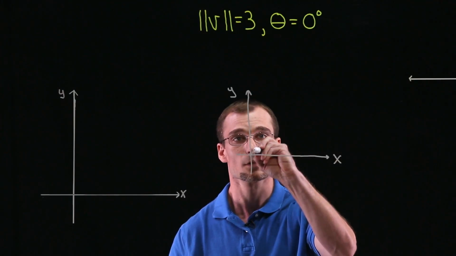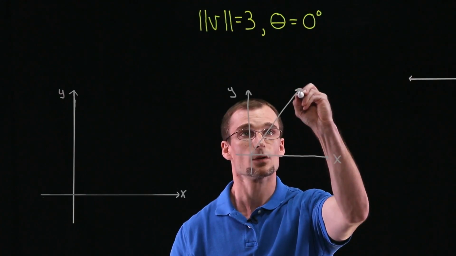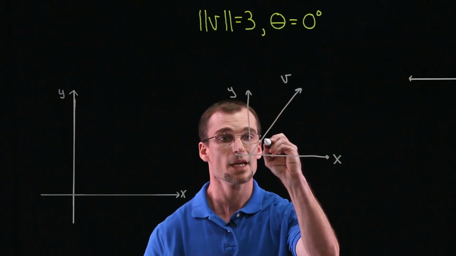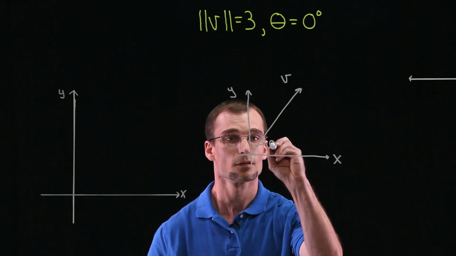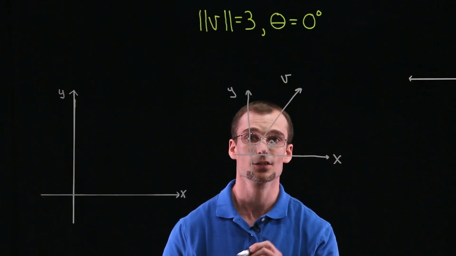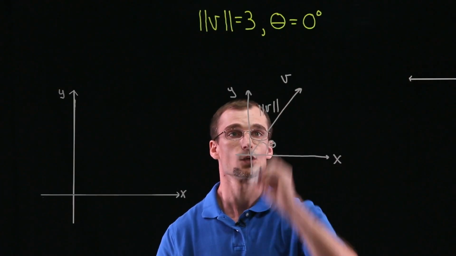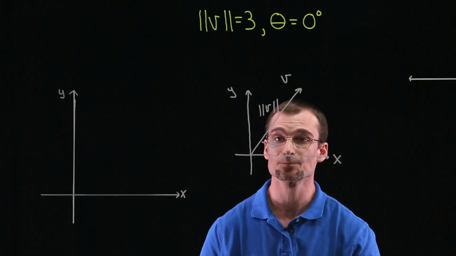So for some vector v in general, not necessarily the v that we're talking about here, that makes some angle theta with the positive x-axis and has some length, which we call the magnitude of v.